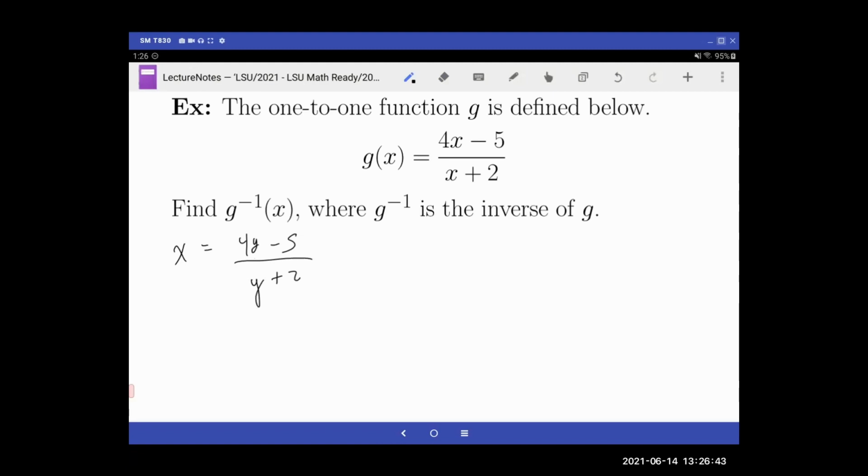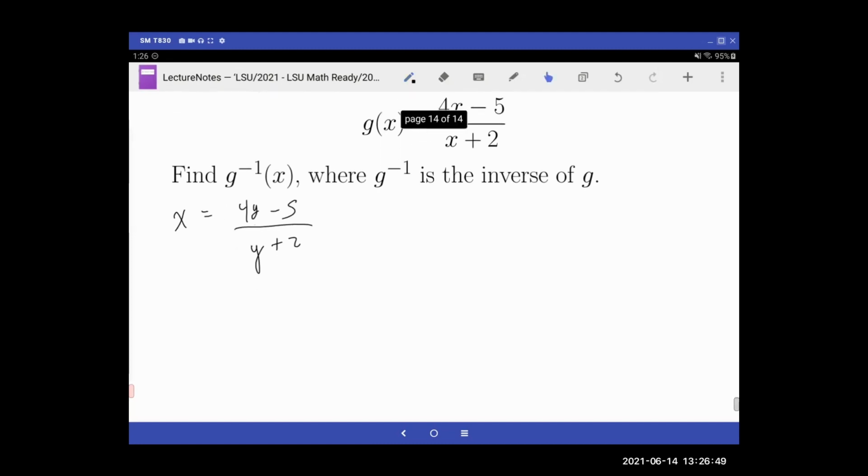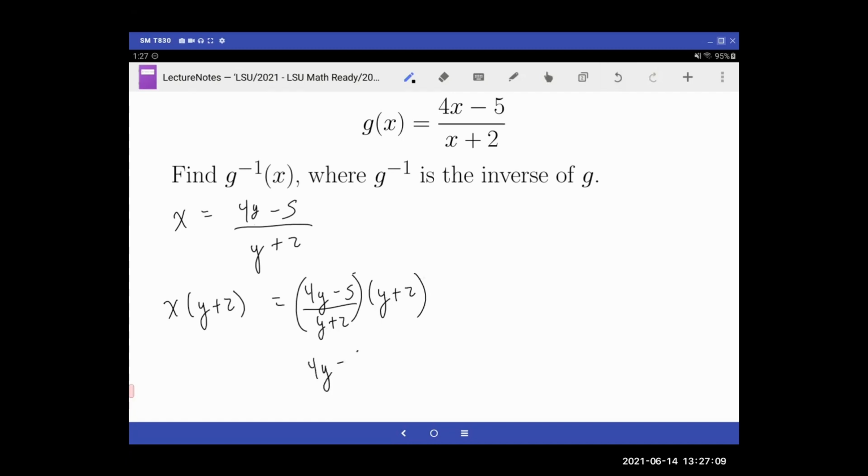I want to get rid of the denominator, so I'm going to multiply both sides by y plus 2. The y plus 2's will cancel out on the right side to leave me with 4y minus 5. On the left side, I have x times (y plus 2). I'll distribute the x.